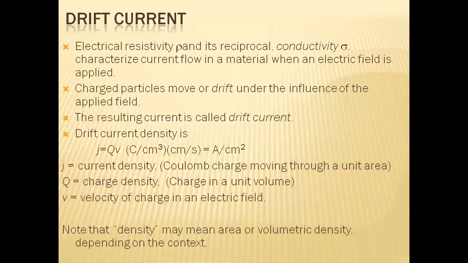Moving on to the drift current. What is meant by drift? Electrical resistivity, that is rho, and its reciprocal is conductivity sigma. When a current is flowing in a material, an electrical field is applied at that particular point, and the field gets varied or disturbed to some extent.